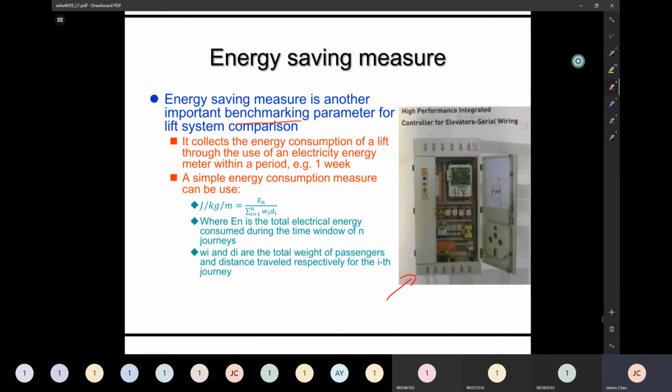The unit is joule per kilogram per meter. It is equal to the total electrical energy within the time window over the total weight of the passengers multiplied by the distance traveled. That is actually the work done of the traveling.